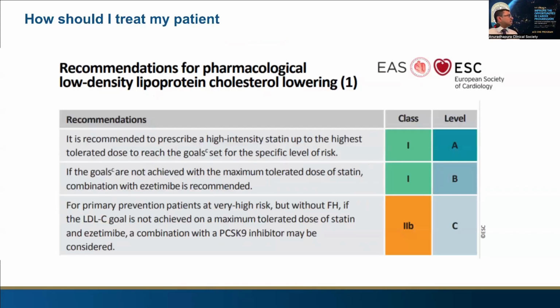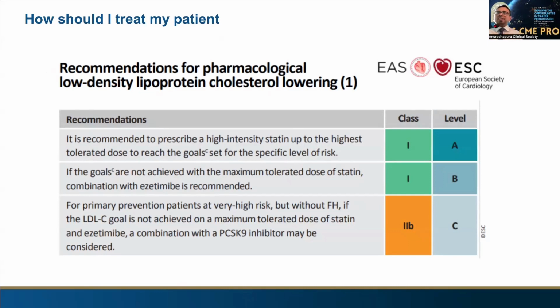These are the recommended pharmacological treatment goals for primary prevention. Even in primary prevention, you have to use high intensity statins. Preferably, if you are using atorvastatin, you can try 40 milligrams; if you are using rosuvastatin, you can use 20 milligrams.